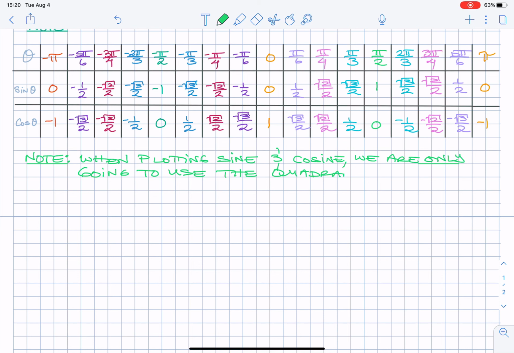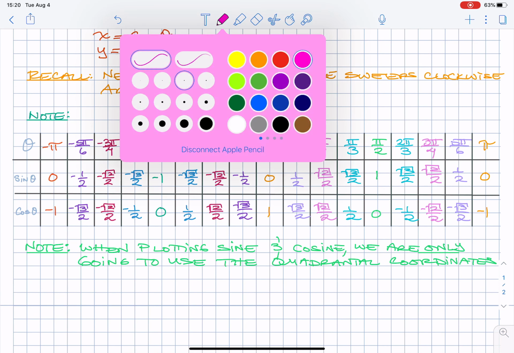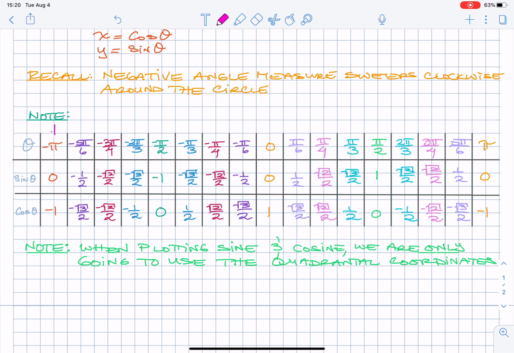Quadrantal coordinates. Now, other instructors might have you use all of these coordinates. I am just going to use the quadrantal coordinates, meaning on the x and y axis. So at negative pi, at negative pi over 2, at 0, at positive pi over 2, and at positive pi. So those are the only ones I'm going to consider because they're easy. They're zeros and ones. Those I can handle. And then we'll fill in the rest.